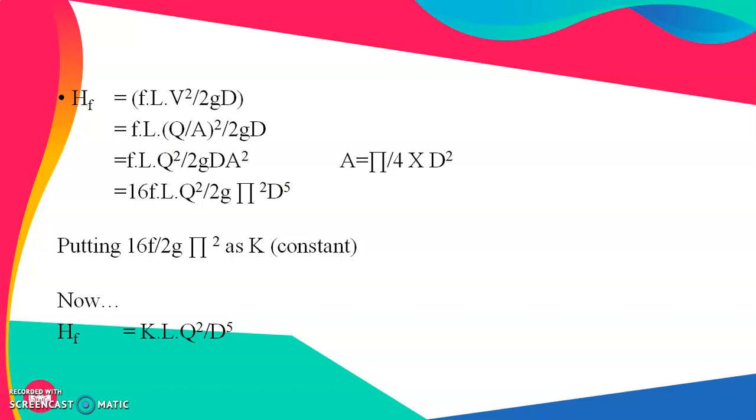So this is a simplified version of the head loss equation, where head loss can be represented in terms of a certain constant which is multiplied by the length and Q square, and divided by D raised to 5, knowing that K will have a certain constant value which is the combination of different terms like 16F upon 2G pi square.